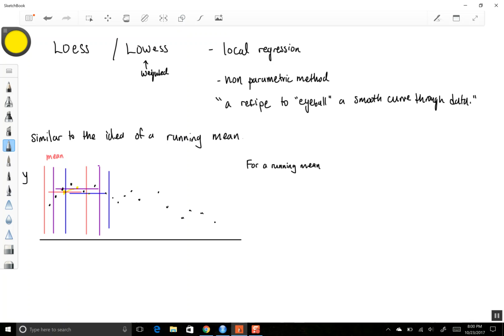So now my weighted running mean, you can't see that, goes through these points here, okay? So basically I'm taking a window of values and I'm averaging those values there.